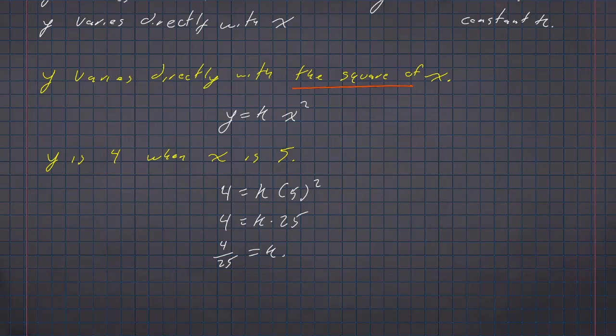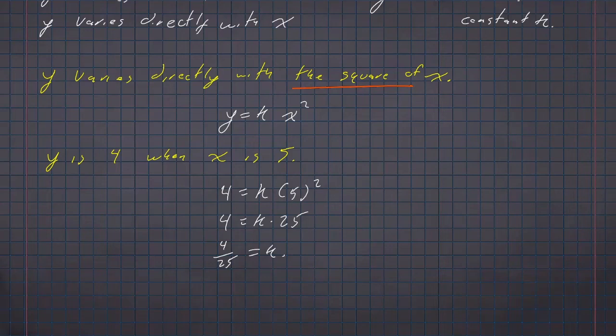Now, again, the key for these ideas of variation is that k is a constant with respect to x and y. For the particular situation that we are talking about where y varies directly with the square of x, we have found that k is always 4/25.